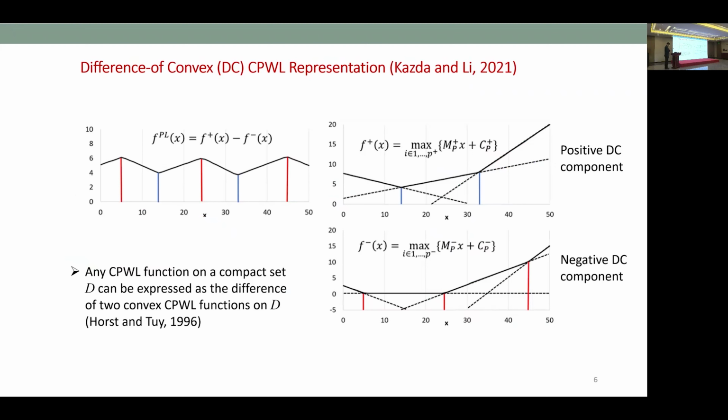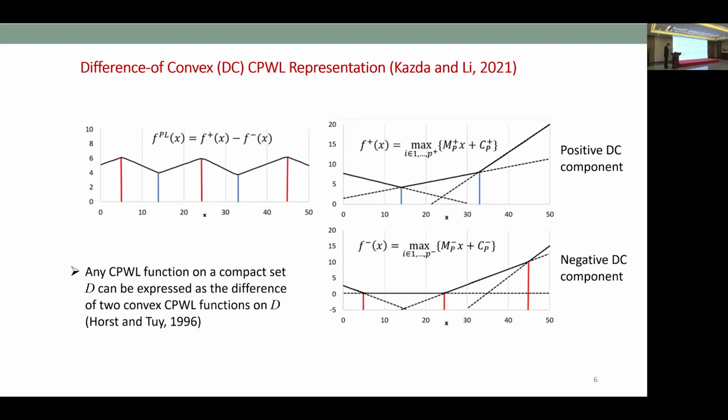So here you don't have to predefine the shape of the subregion you're going to use, because the pieces are determined implicitly by the maximization operation. We call the positive part the positive DC component, and the negative part the negative DC component. The advantage of this idea is more clear when you have multivariable functions.